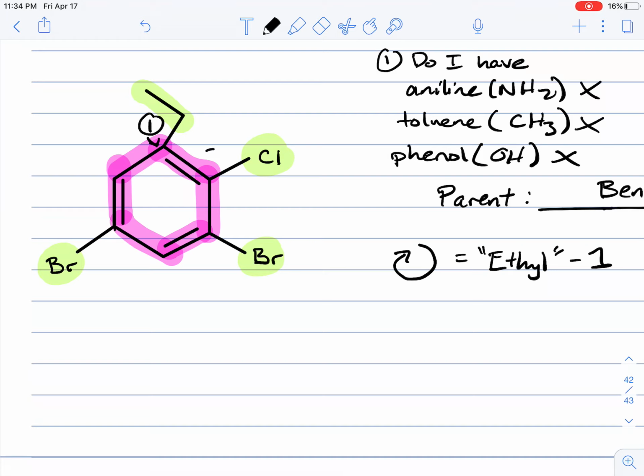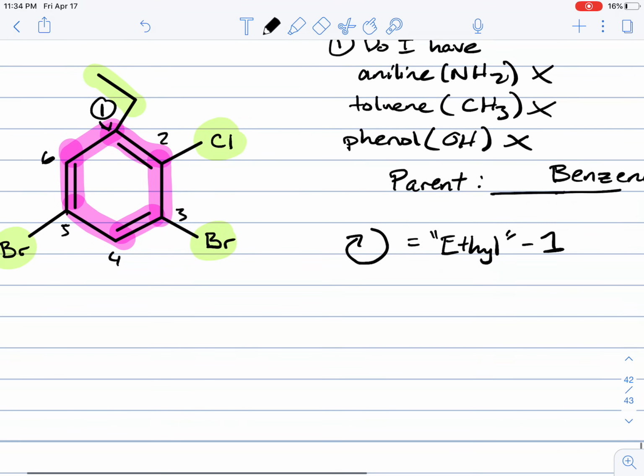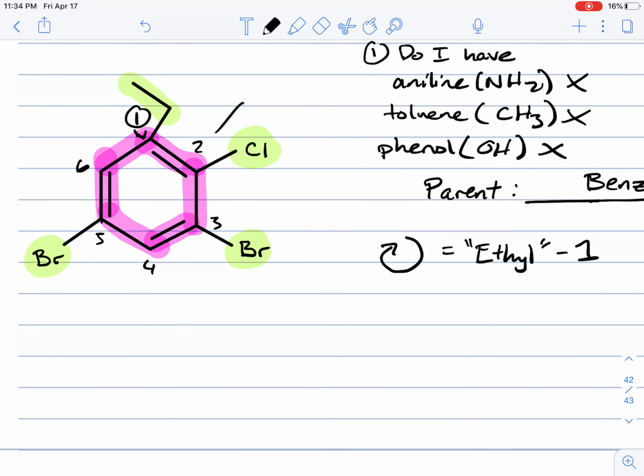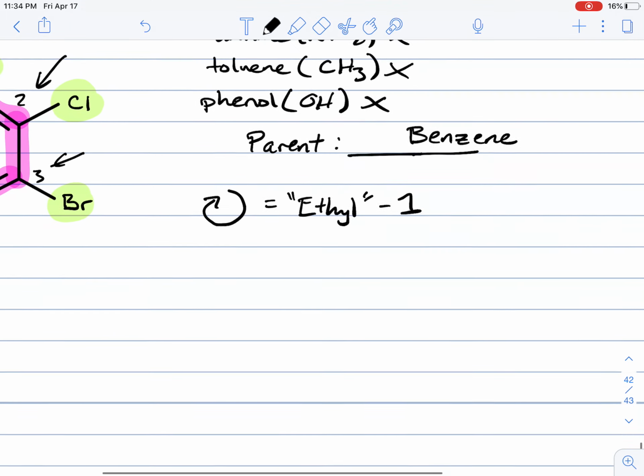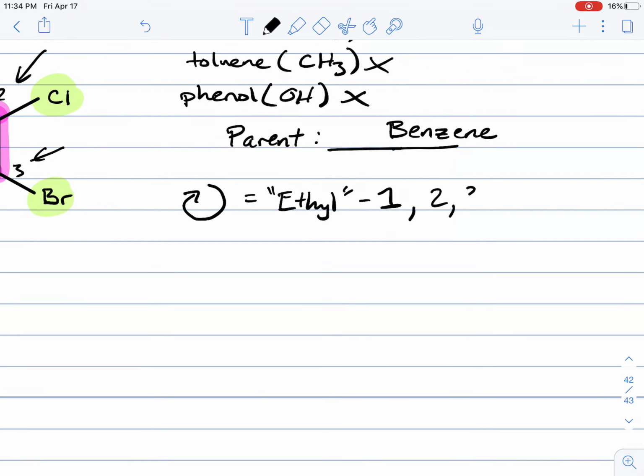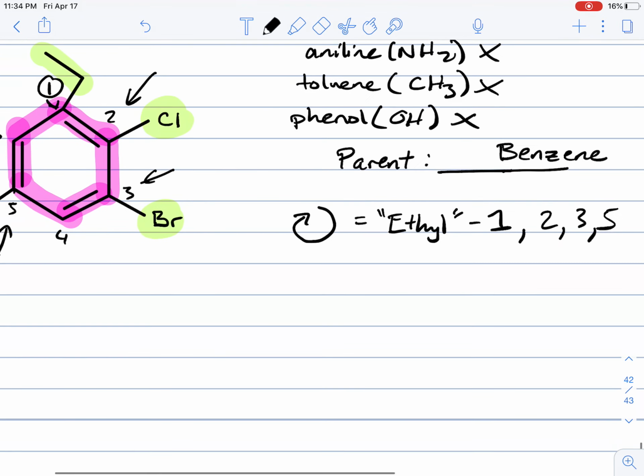If I go clockwise, this is 2, 3, 4, 5, 6. Okay. So that means I have a substituent on 2, 3, and 5. So 1, 2, 3, and 5.